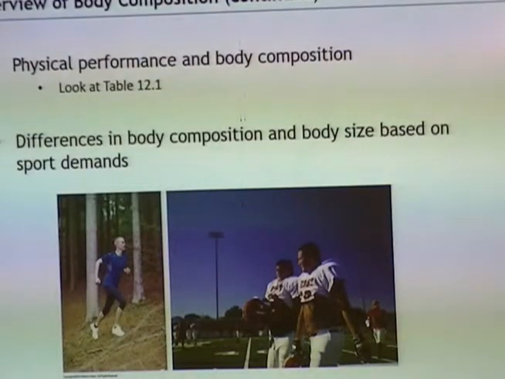Okay? So be critical, and pay attention when you're reading the literature, because those kinds of things make a big difference. Don't just read the conclusion that says it doesn't matter how fat you are. You need to go back and see why they got that conclusion, because that would be a little bit odd for most of us to think about. Okay?